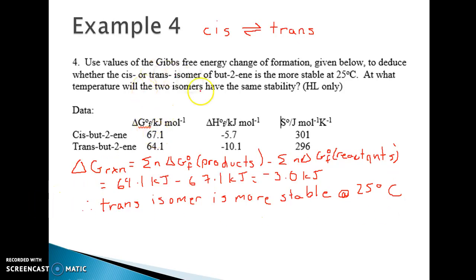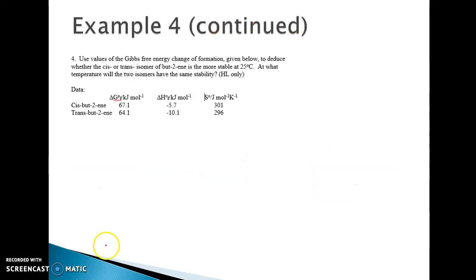And then the second part of the question is a little more complicated, and I'm going to move to a different page that has a little more space to work on this. So now it's asking us, at what temperature will the two isomers have the same stability?